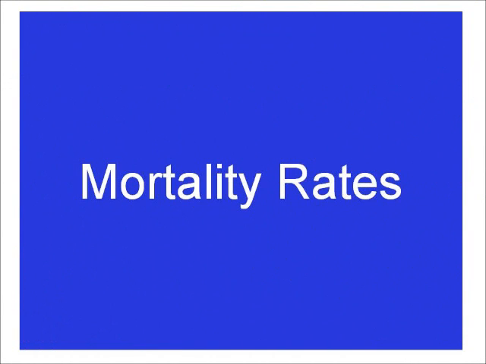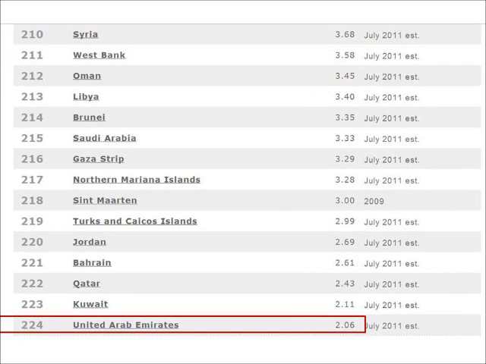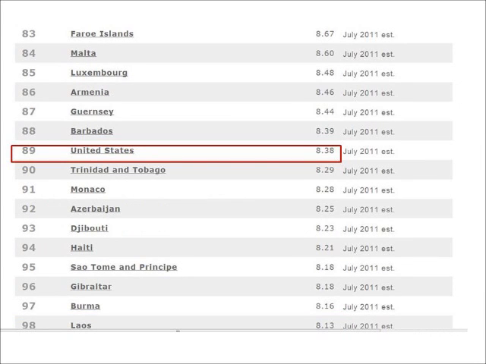Death subtracts from the population. Angola has the highest death rate. The United Arab Emirates has the lowest death rate in the world. The United States ranks 89.